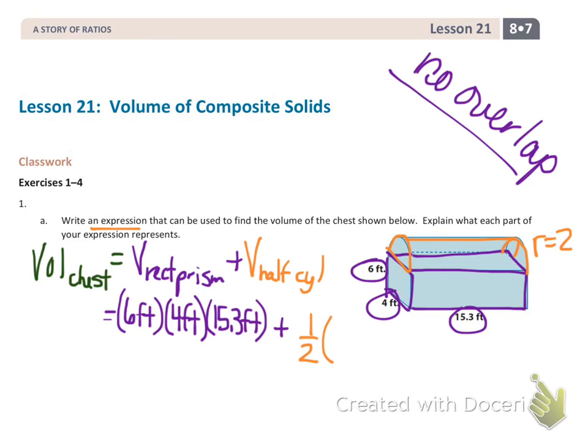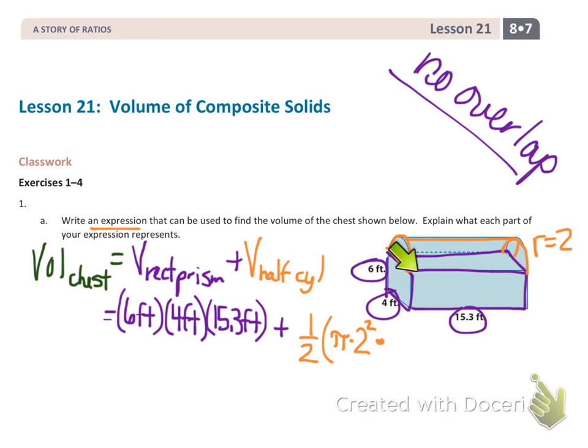The radius is 2, so if that were a cylinder, it would be pi times the radius squared. I'll just write 2 squared. Pi times 2 squared times the height of that cylinder. Remember our formula is pi r squared, or the area of the base, times the height.